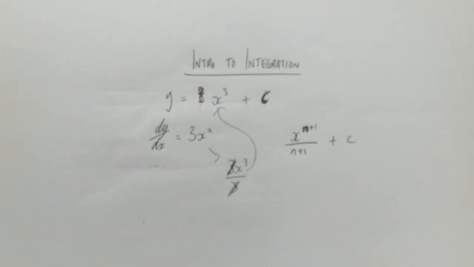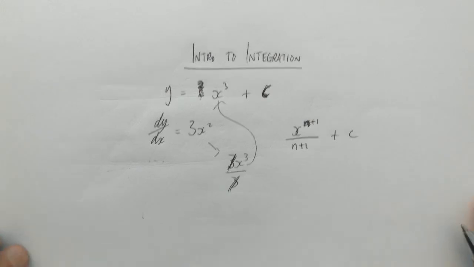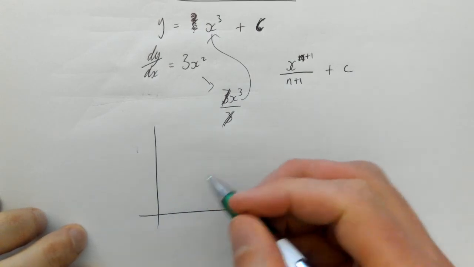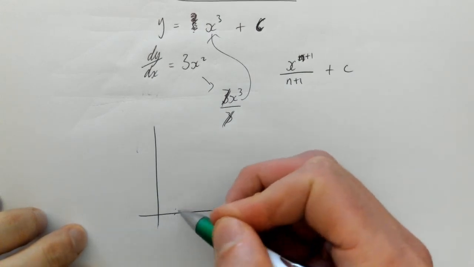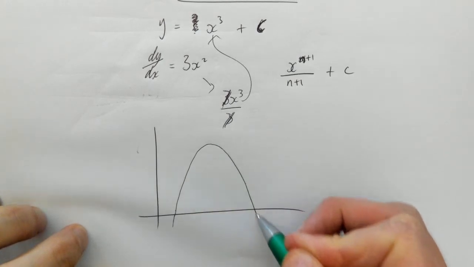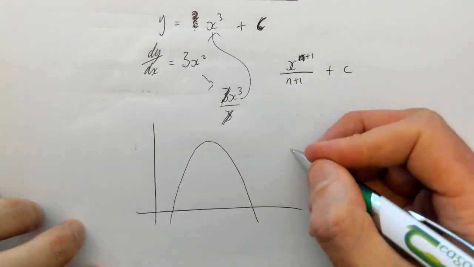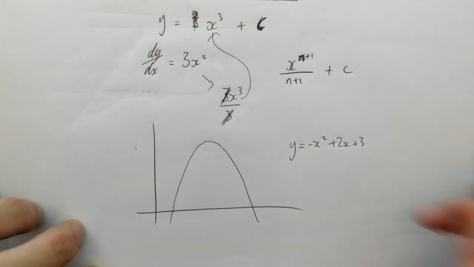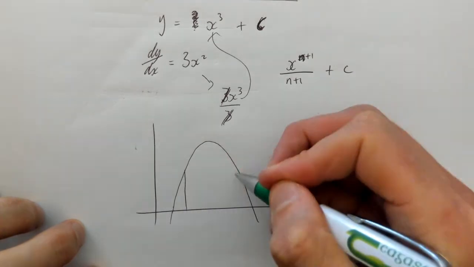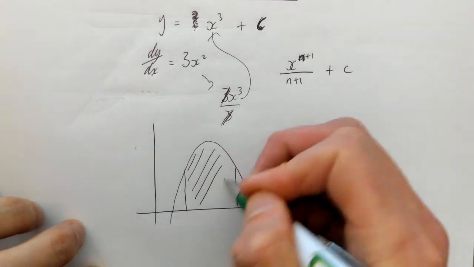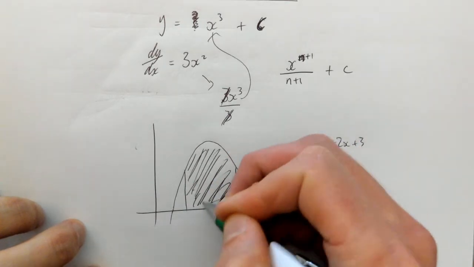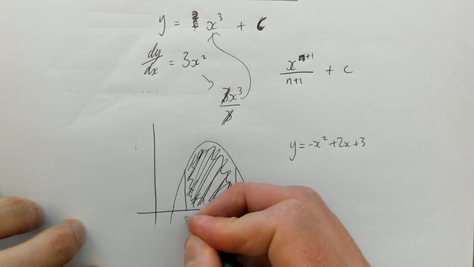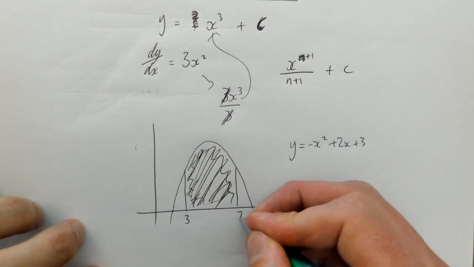On your maths course, ultimately, integration can be used to find the area underneath the curve. So if I've got, say, an inverse quadratic curve there, and that is the function, and I want to find out the area between two values of x, and say the values of x are 3 and 7.